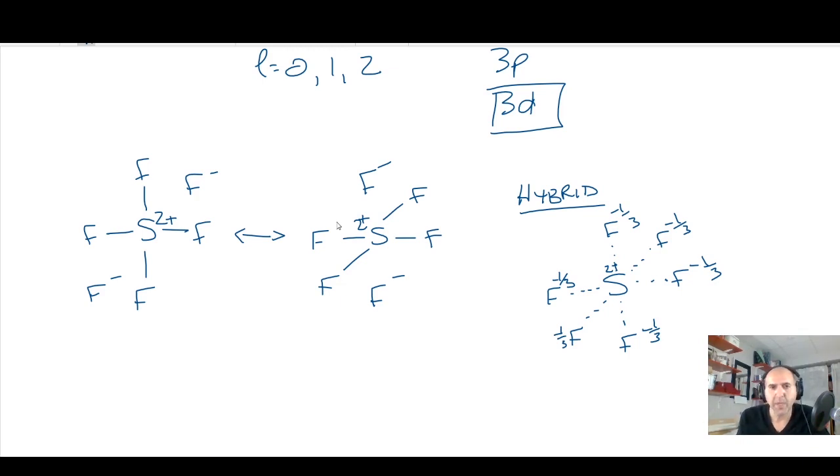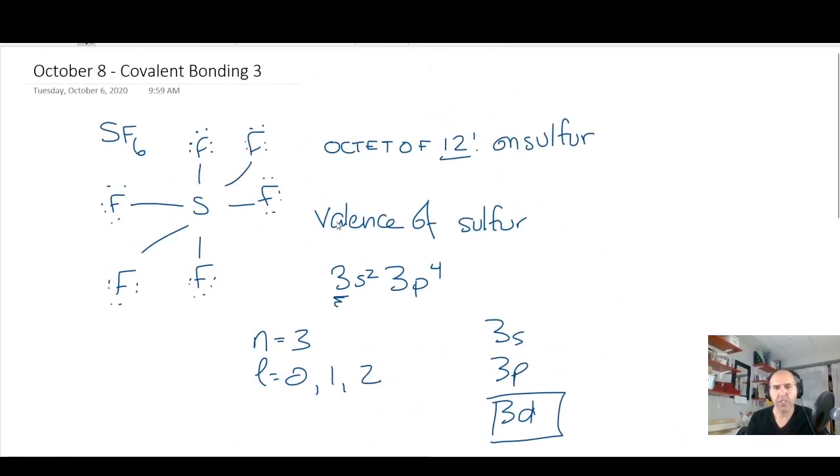Now, what's happening in these situations is not that we don't understand what's going on, it's just that we're coming up against the limitations of the Lewis model. And that's okay, because whether we draw it like this or like this, ultimately what we really want to know at our level is how the connections of the atoms explain their arrangement in space, which is what we're going to start talking about later, right?